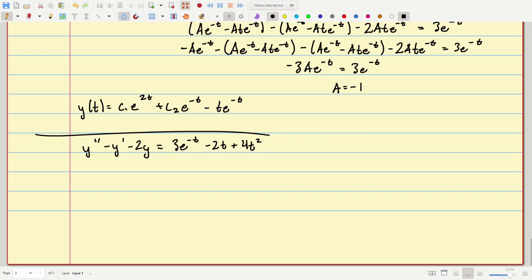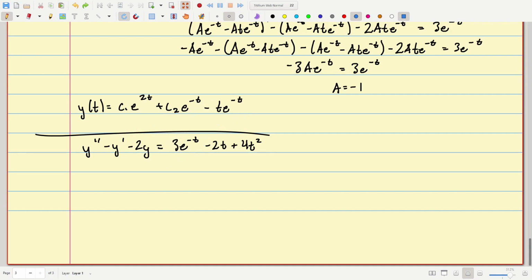Okay, so we talked earlier about how if we plugged in the homogeneous part of our solution into this differential equation, we're going to get 0, right? And if we plug in the particular solution to the differential equation, we get the right-hand side. Well, we just figured out what the particular solution is for this. So if I plug this expression into the differential equation, I get that part of the right-hand side.